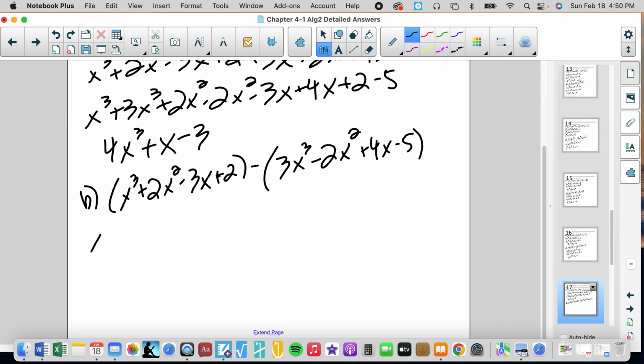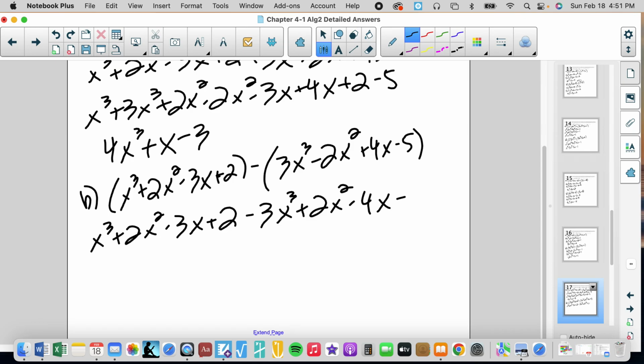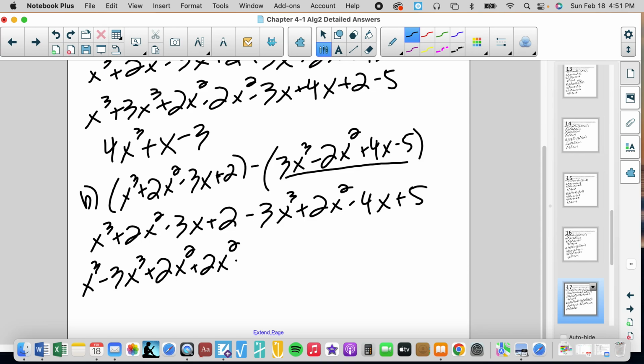Distribute that negative out, we get x cubed plus 2x squared minus 3x plus 2 minus 3x cubed plus 2x squared minus 4x plus 5. Switching the sign for each of the terms inside there. Let's match them up. X cubed minus 3x cubed, plus 2x squared plus 2x squared, minus 3x minus 4x, plus 2 plus 5.